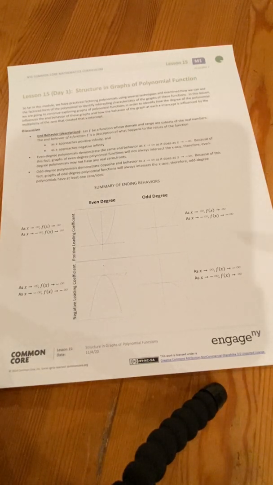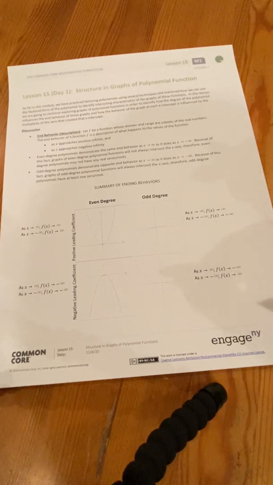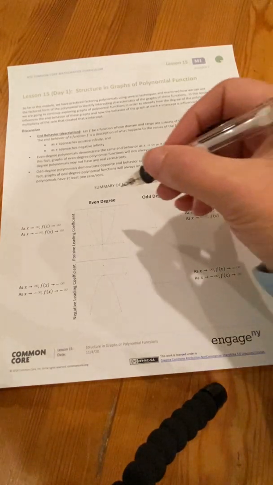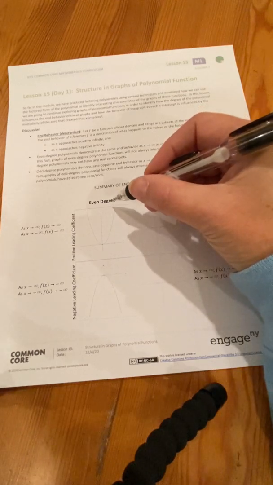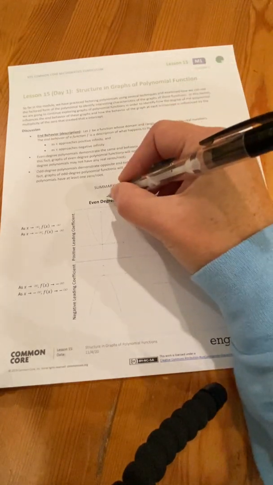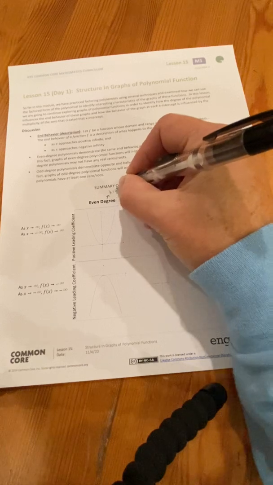So it's based on the degree of your polynomial function, and it's based on the leading coefficient. So with your even degree polynomial functions, the degree means your highest exponent.